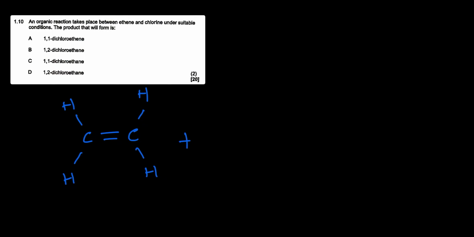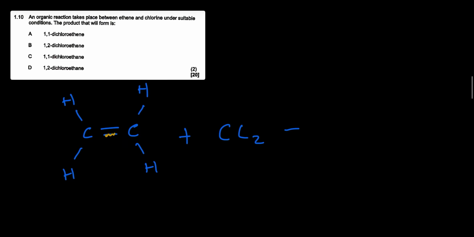So now chlorine simply means we have two chlorines. Okay, so now what is happening? If this thing reacts, we know what is going to happen. If we have suitable conditions, that means this double bond is going to break. And when the double bond breaks, we're going to have this ethene tending to have a single bond, and we have those hydrogens there initially.